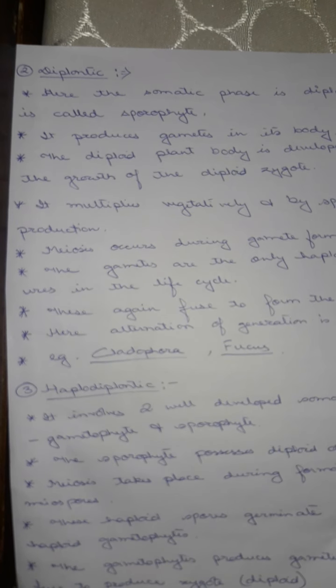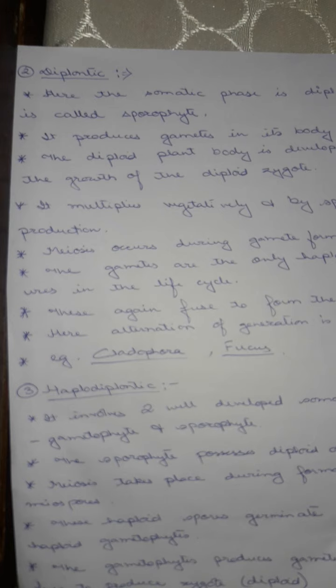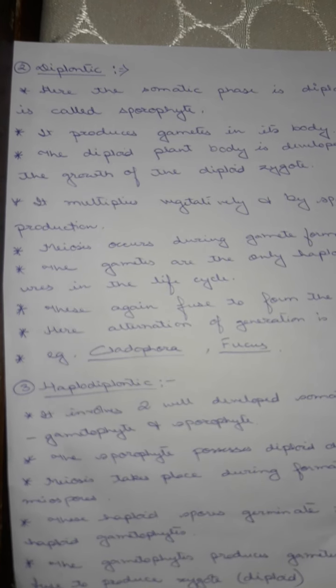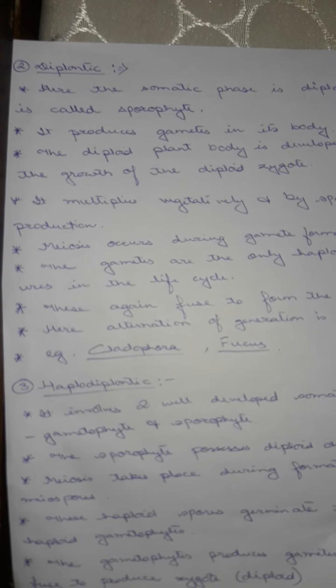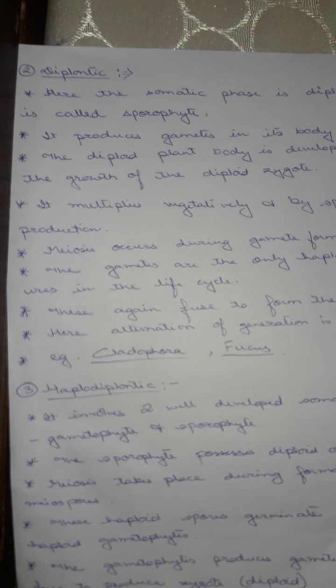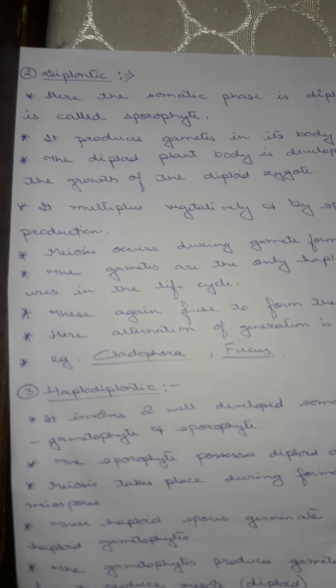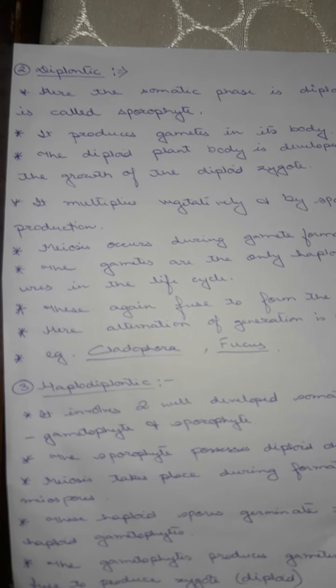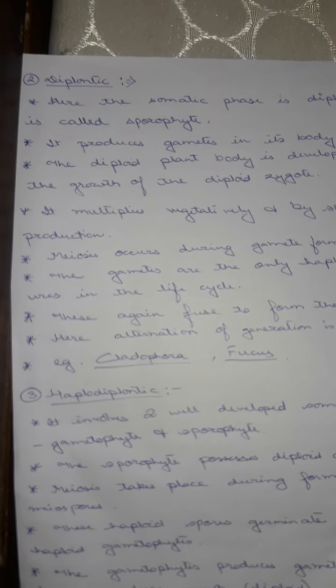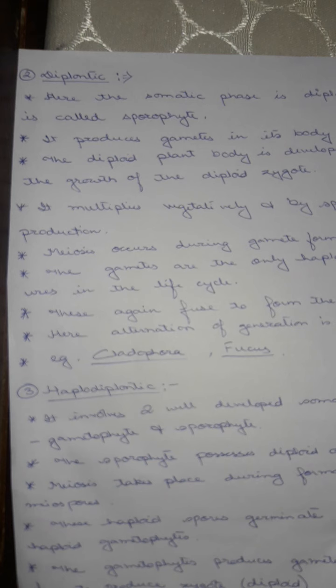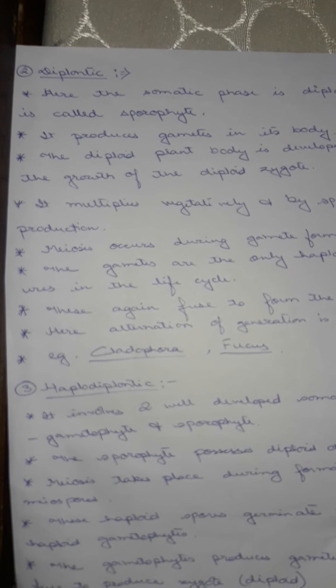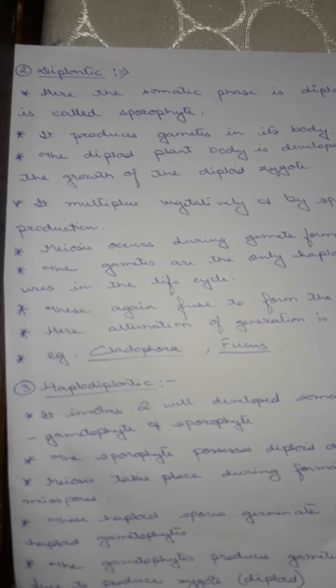Then meiosis occurs, by which gametes are produced, and these gametes again fuse together to form the diploid zygote. Got it? Again this continues. Now the name itself indicates that the life cycle is diplontic. That means throughout the life cycle all the phases are diploid. So this is called the diplontic life cycle.